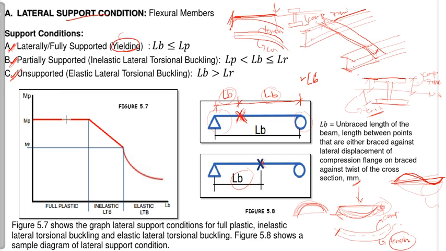So, yung y-axis natin dito is yung Mn, and for the x-axis, meron tayong L sub B. So pag titignan natin itong graph, it will actually give you the value of Mn based on the Lb or the unbraced length.